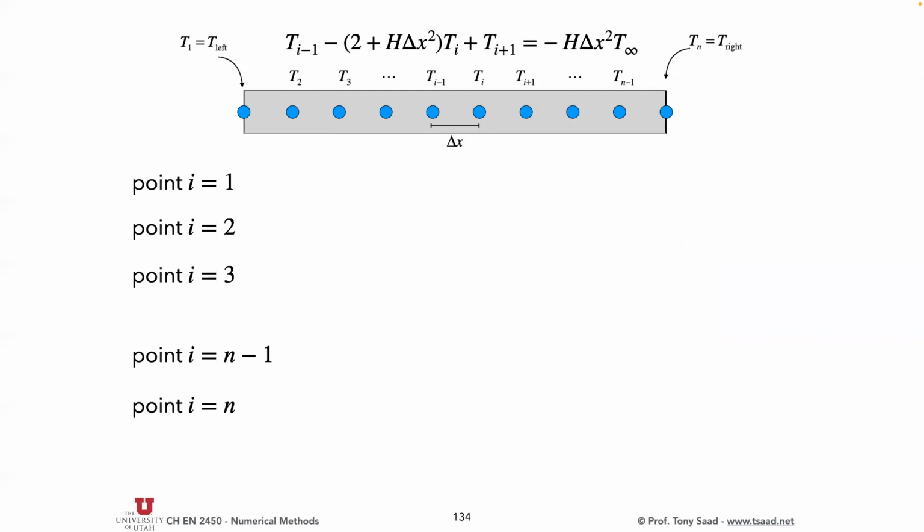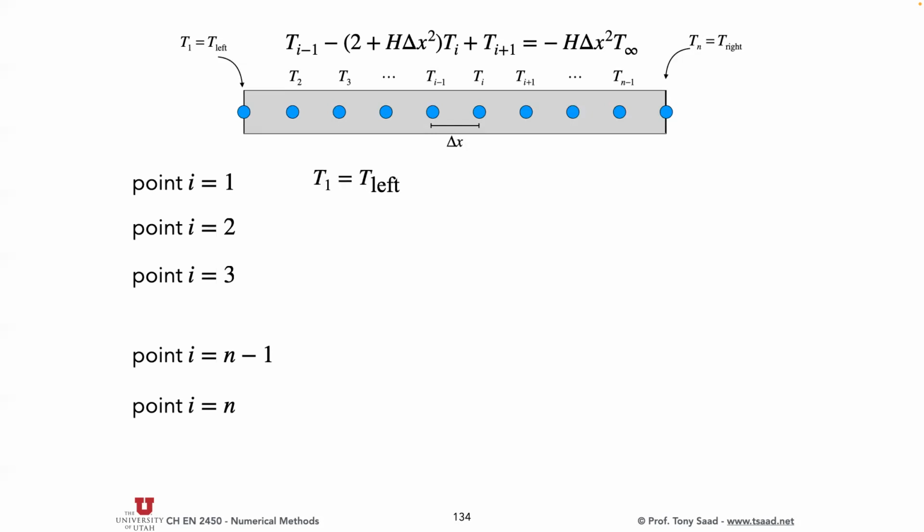To see that, you need to write that equation above and apply it at each point. Many of you are still thinking, oh, I want to solve for T2 in terms of T3 and T1, and then T3 in terms. Don't think of it this way. Let the solution method do it for you eventually. But first, you need to see what the governing system is. And to see that, you need to take that discrete equation and apply it at every point.